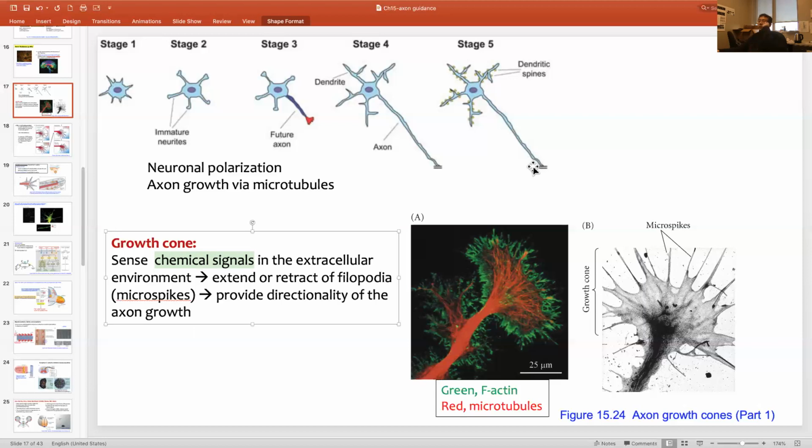Depending on the signals they are sensing, growth cones can extend toward the signals or retract, in other words, they are repelled from the source of the signals. So these microspikes are growing in that direction or collapsing from repulsive signals. It changes very dynamically depending on the signals they receive, which eventually provides the directionality of axon growth.